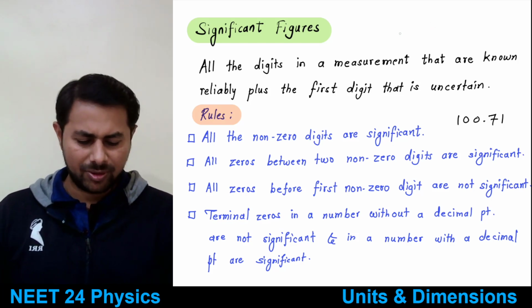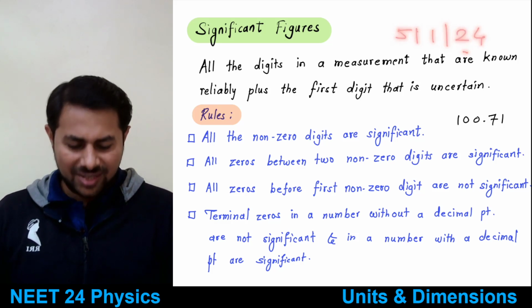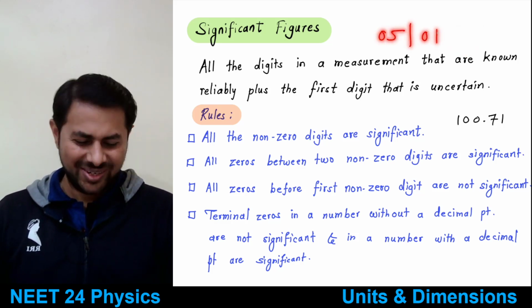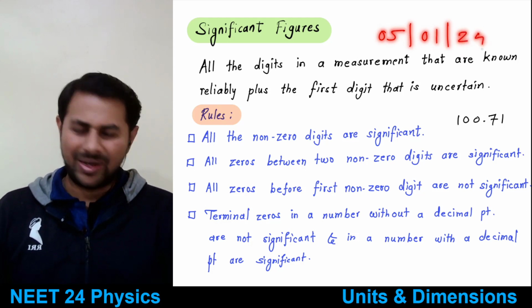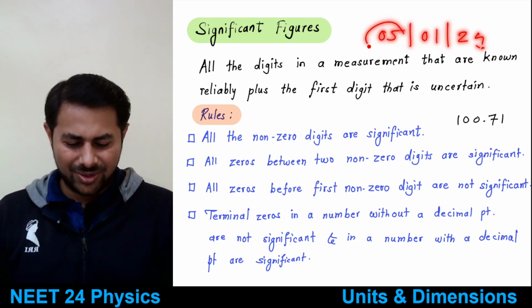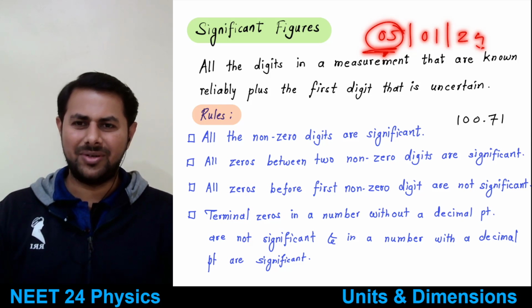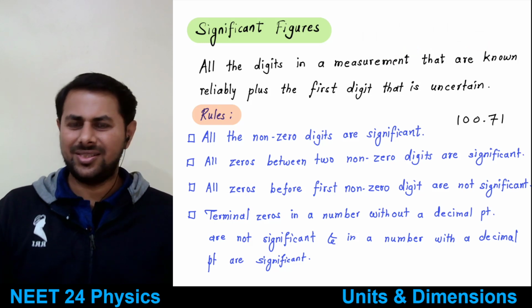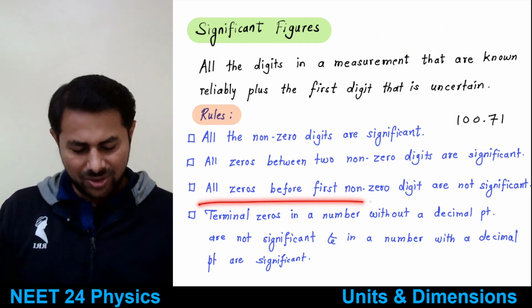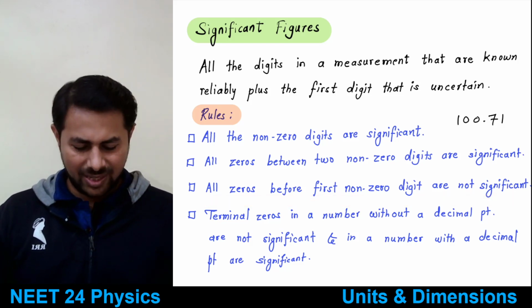You can write that as 5/1/2024. You can write that thing also as 0501. Some people write it like this, 0501, 24 or 2024. So in this one you write this thing as 5 or 05, it doesn't matter, right? Yes, no? So that 0 is insignificant. So all zeros before the first non-zero digit are not significant, right?